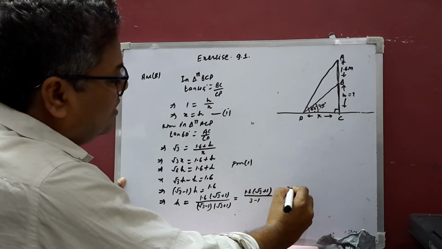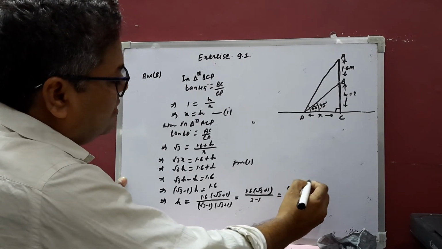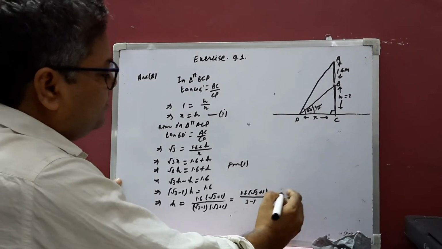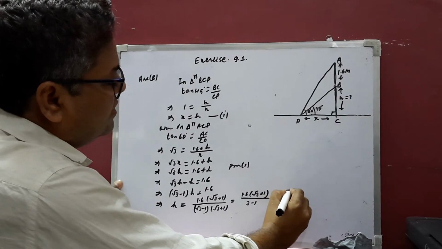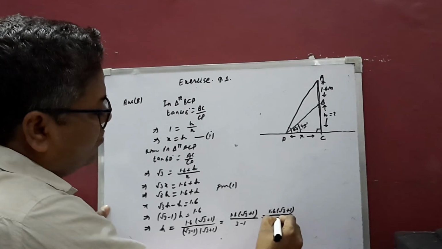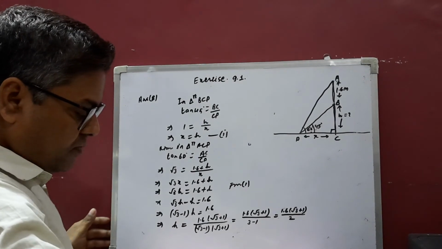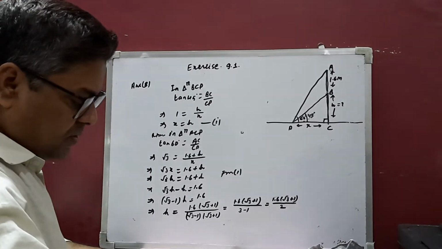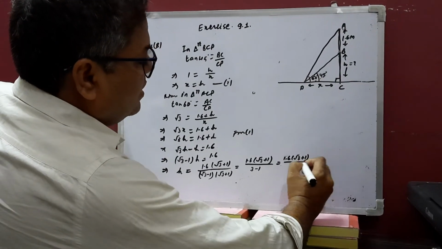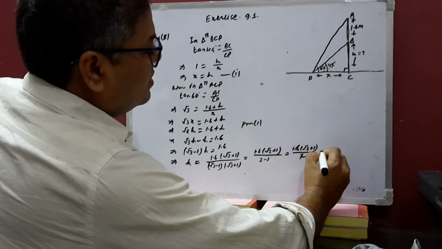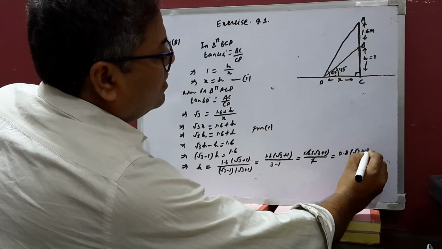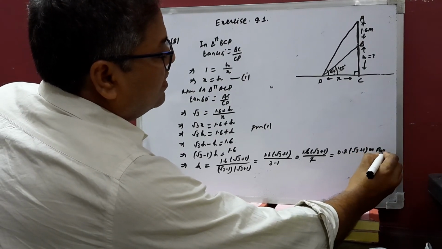This will be 0.8, and this is one step more: 1.6 times root 3 plus 1, over 2. We are not asked to use the value of root 3, so leave the answer in terms of root 3. This is 0.8 and root 3 plus 1 meter, and this is your final answer.